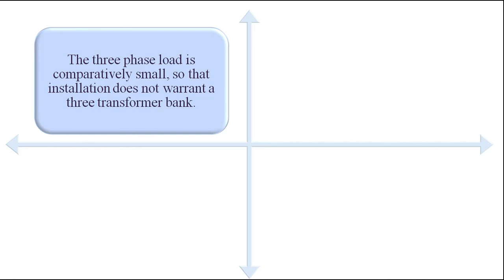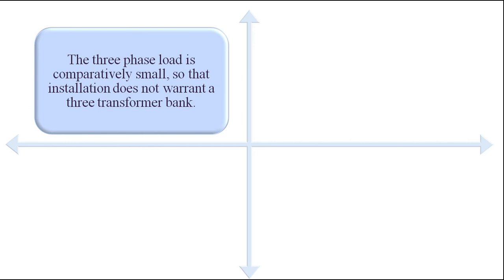Then some important points worthwhile to note for open delta systems are where exactly we need this open delta. Initially, if our three-phase load is very small, instead of investing in three transformers, we have to invest only in two transformers, expecting an increase in the load.